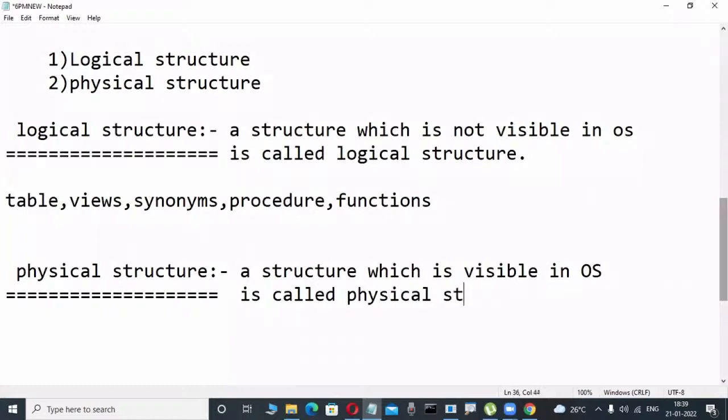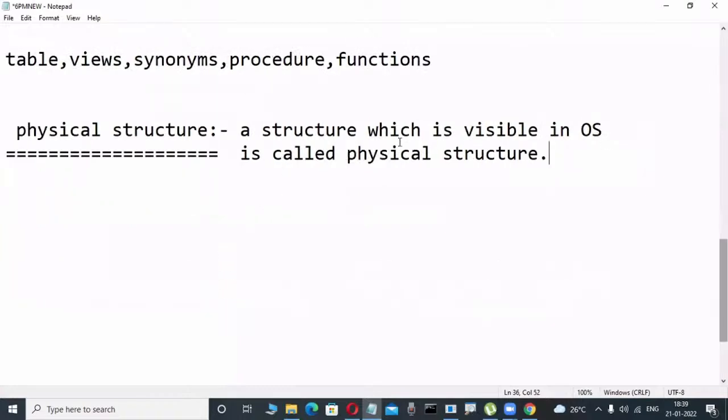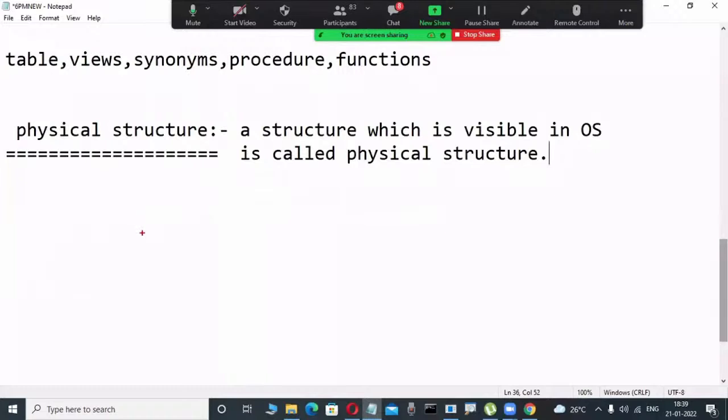Who are the persons working in this physical structure? It's a big concept. I'm telling only the definitions, because today I will tell you which definitions are correct. A structure which is visible in the operating system is called a physical structure. Suppose I am installing software, you are installing software, such as PowerPoint, MS Access, Word, anything we are loading, physical files are created on the disk.